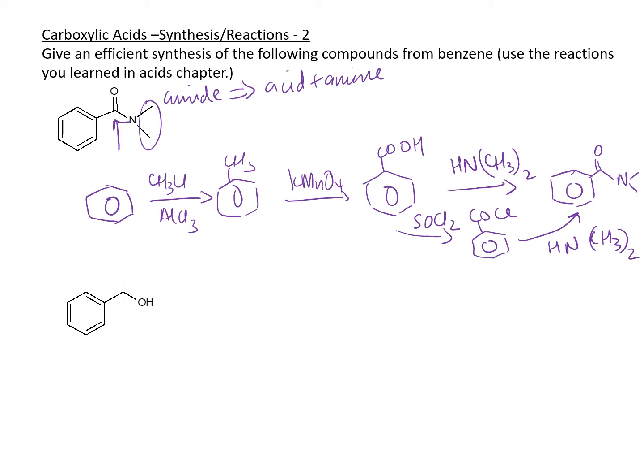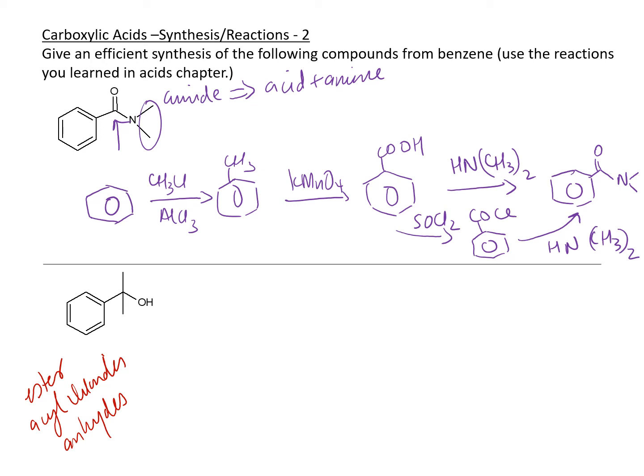Let's look at the next one now. In the case of the next one, we have a tertiary alcohol, and this is also coming from benzene. A tertiary alcohol coming from a carboxylic acid derivative: from what we know, we can use Grignard reagents to make tertiary alcohols, and we can use an ester, acyl chlorides, or anhydrides to react with Grignards in order to form a tertiary alcohol.